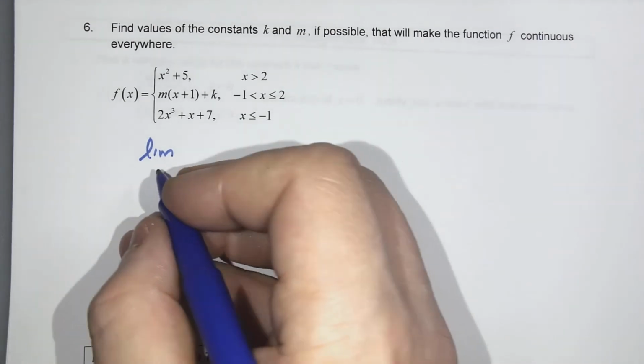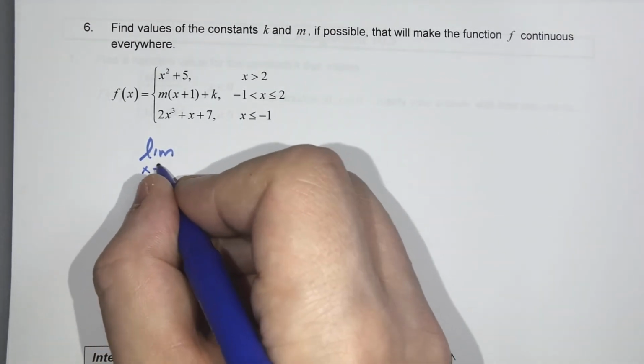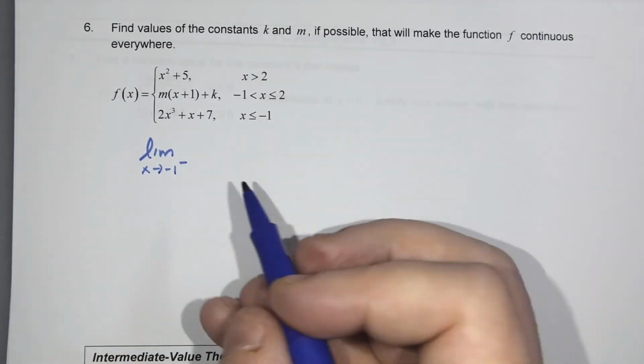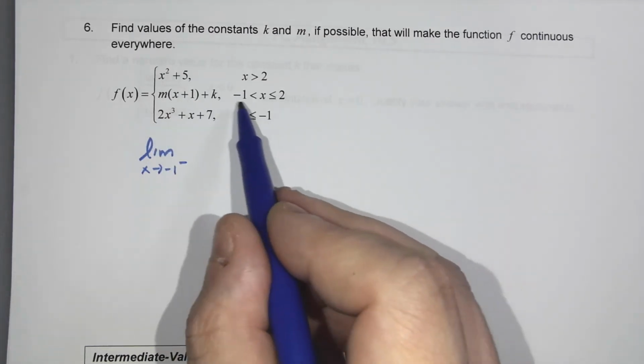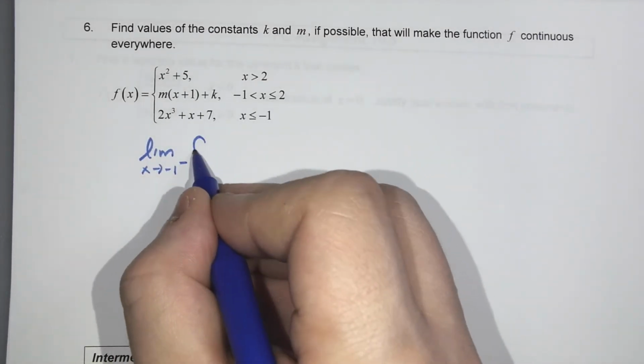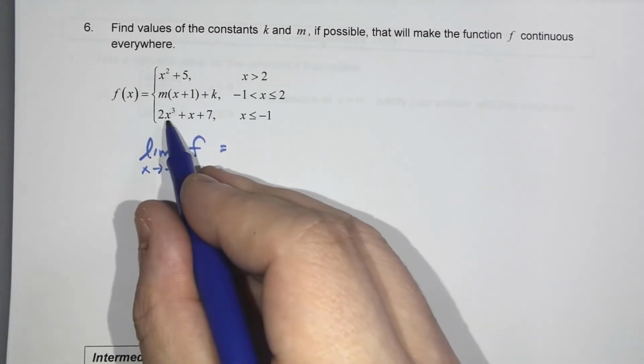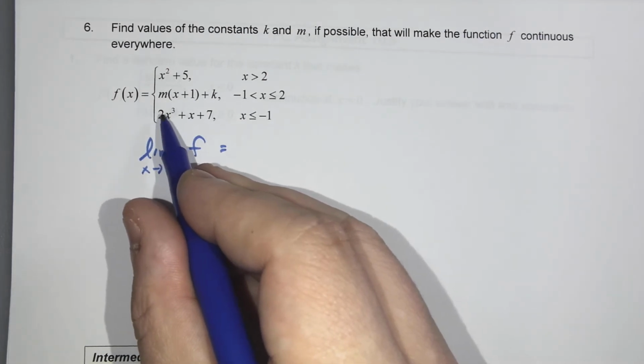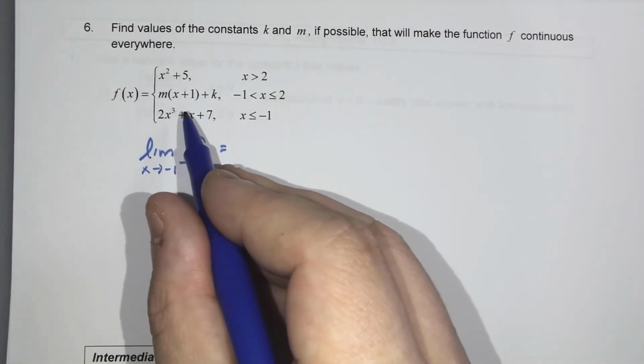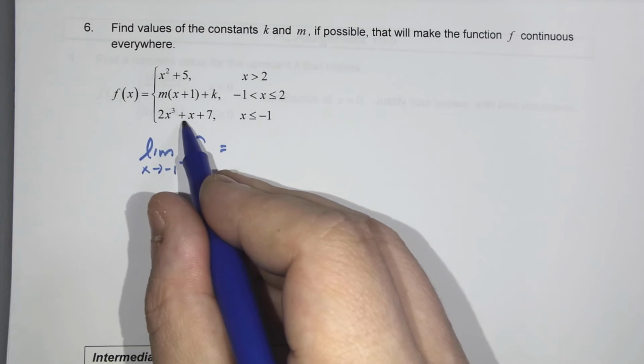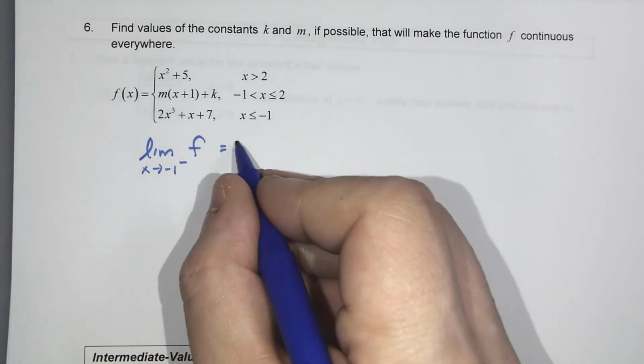What's the limit as x approaches -1 from the left? It means we would be following this rule. Plug in -1 would give you -2 minus 1 is -3 plus 7 is 4.